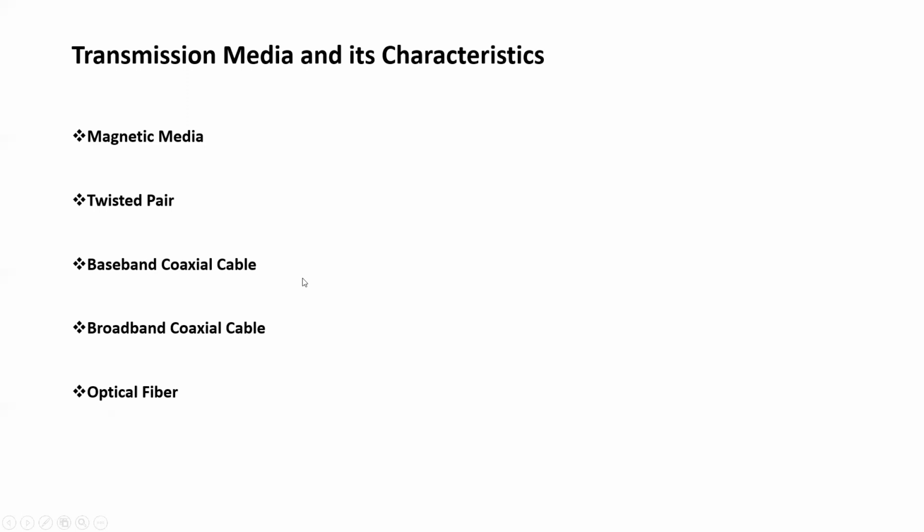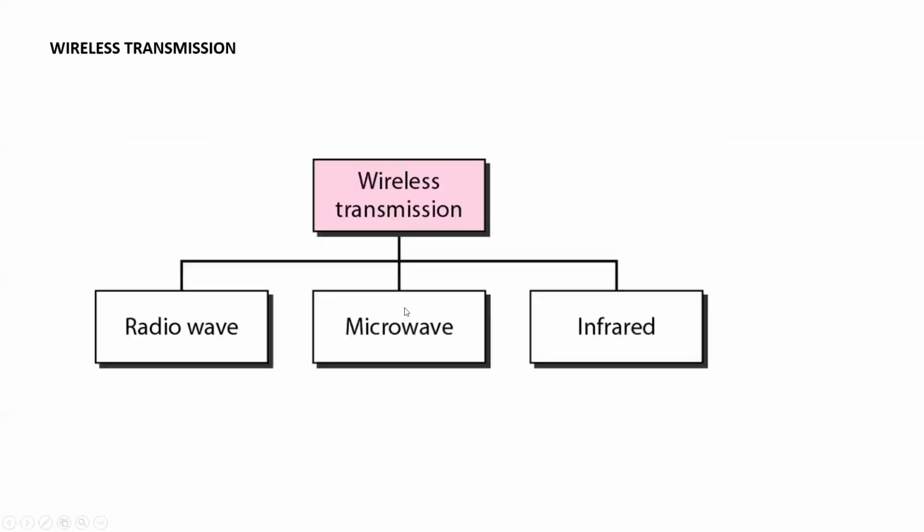Go through section 2.6.3, or 2.6 something, where you can get the characteristics. Then broadband coaxial cable and optical fiber. We are using optical fiber for most communication. Fiber optics, you all know this. You can draw the diagrams and write down the characteristics. This is the simplest part of transmission media and its characteristics.